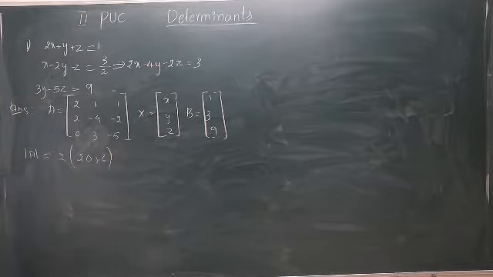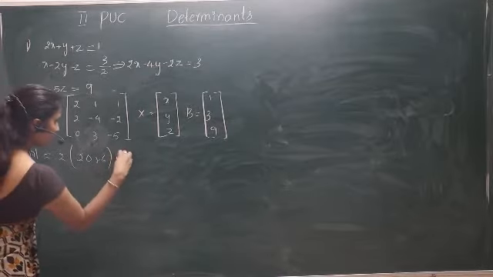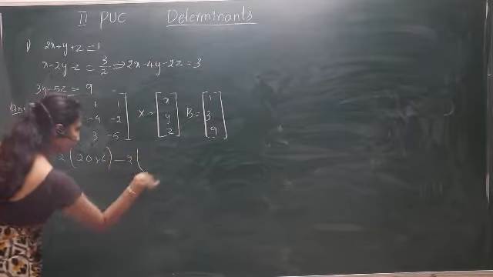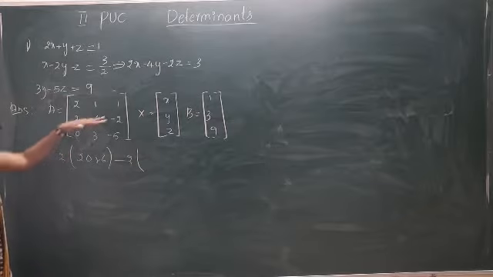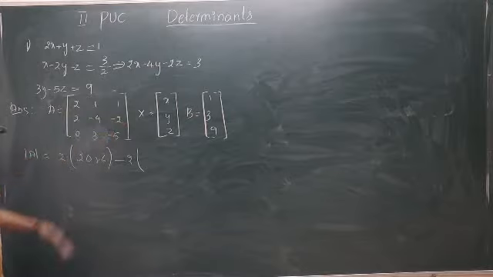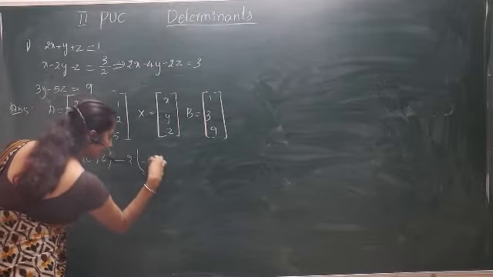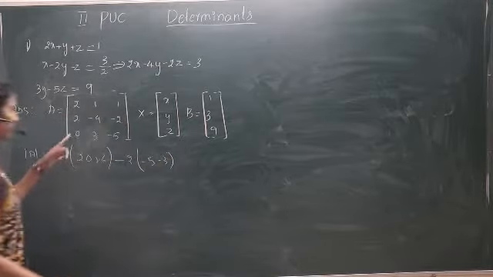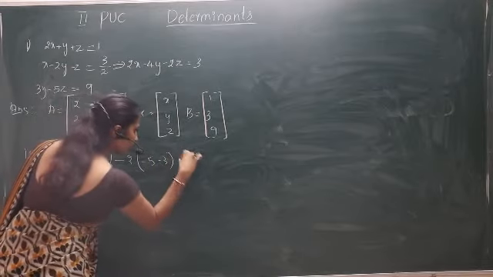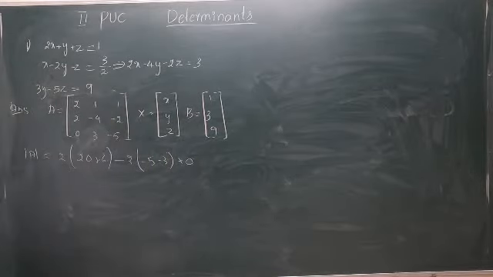So 2 into 20 plus 6, then plus minus 2 into, expanding along C1, minus 2 into minus 5 minus 3, then plus 0. Why am I expanding along C1? You can expand along R1 also, but if I expand along C1, I will get 1, 0, then easily I can simplify.